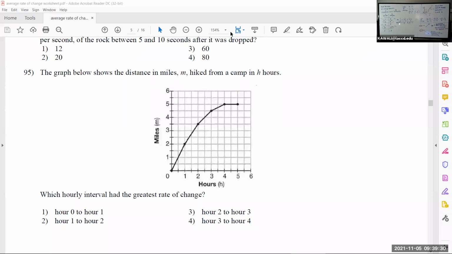Let's make my arrows a little smaller. Okay. So from 0 to 1, I went up 2.